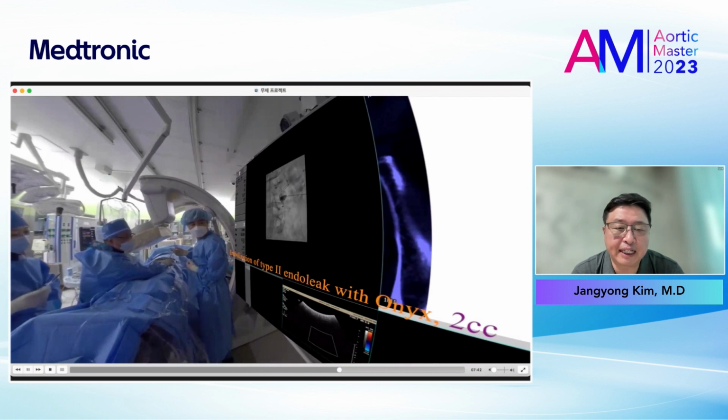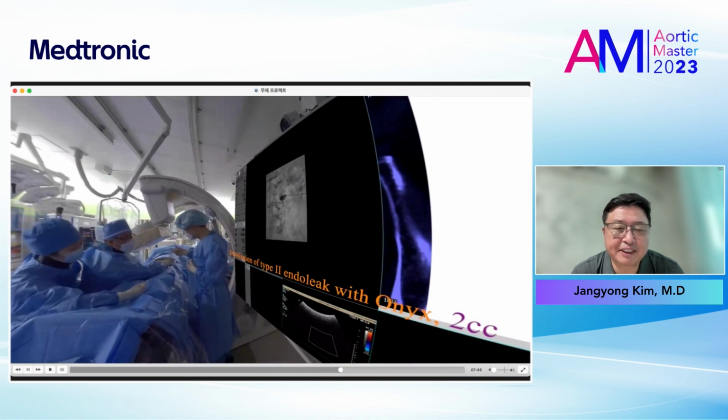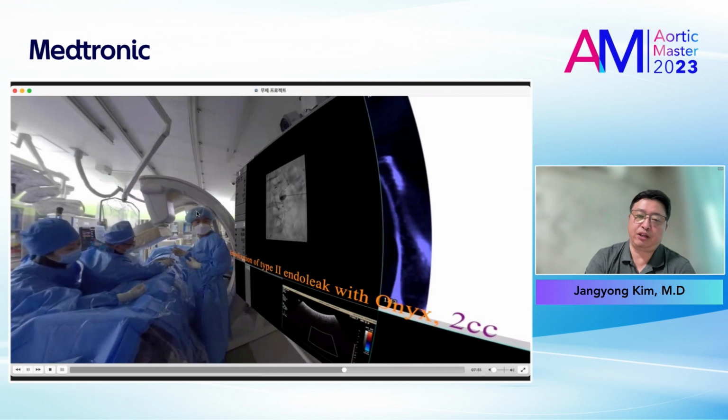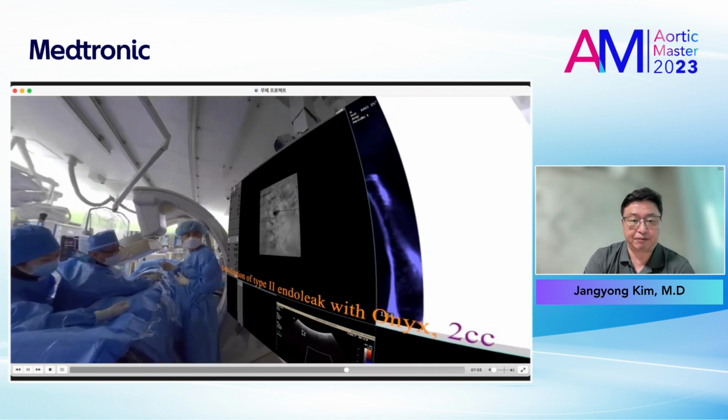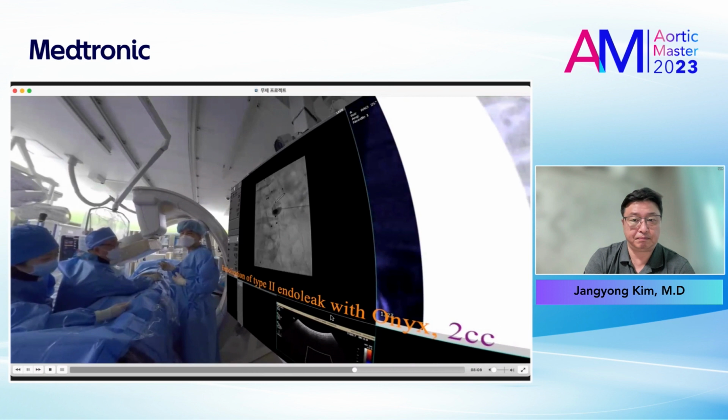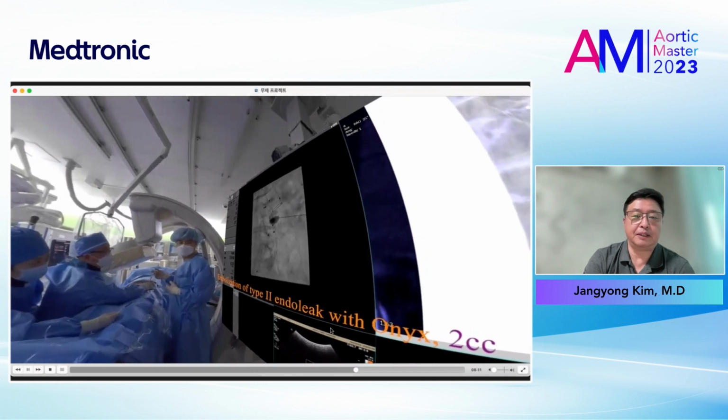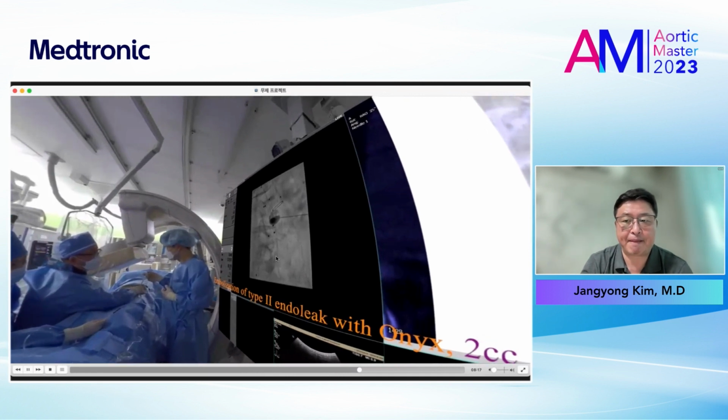We have 6 cc bottles of Onyx, and we can use around 6 cc from 1 bottle. We infuse very slowly.